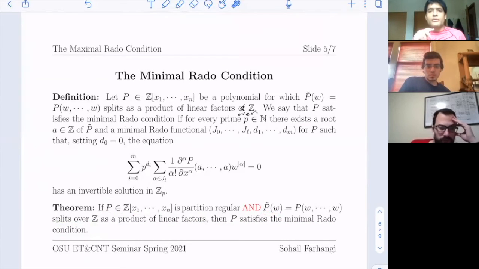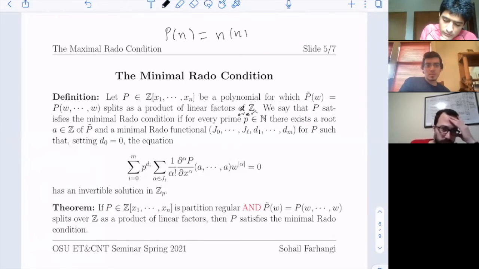Sohail, can I ask something? So you don't have polynomials of the form n times n plus 1 over 2, for example? Say that again? P of n equals n times n plus 1 over 2.